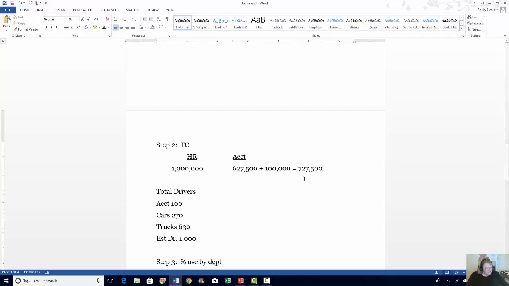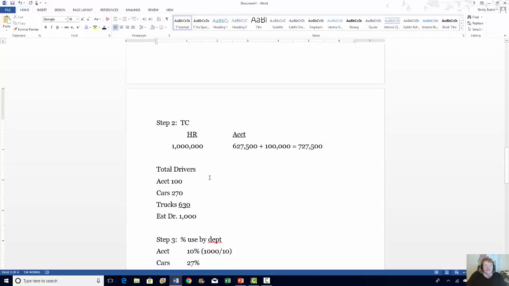So now we need to go back and allocate these drivers to accounting. The accounting has already been allocated the number of drivers for HR. The HR costs for accounting have already been included right here.